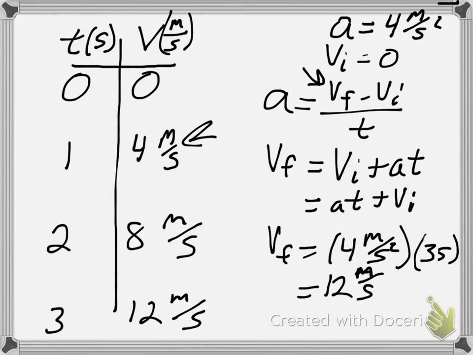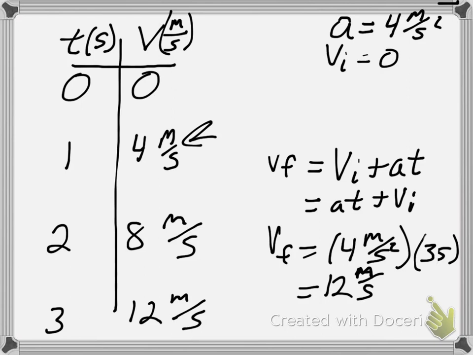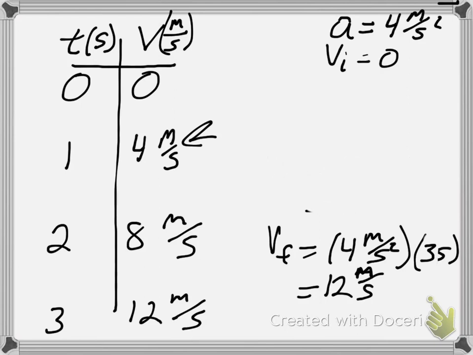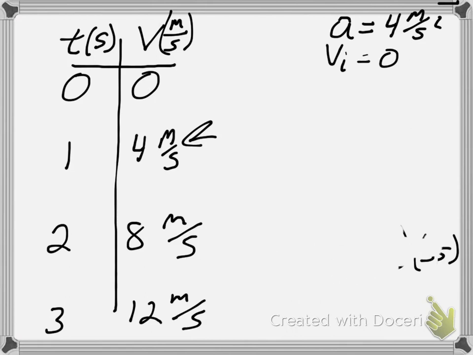Okay, so we have this data, and first things first, let's go ahead and plot it. All right, so let me go ahead and erase as much of this as possible very quickly. And we'll make a small plot and see what it's telling us.